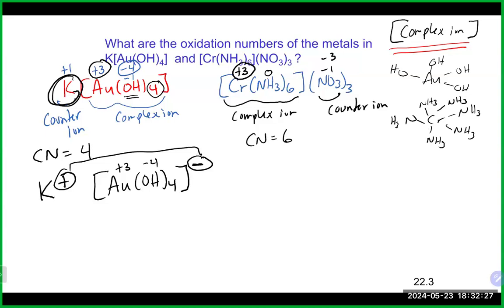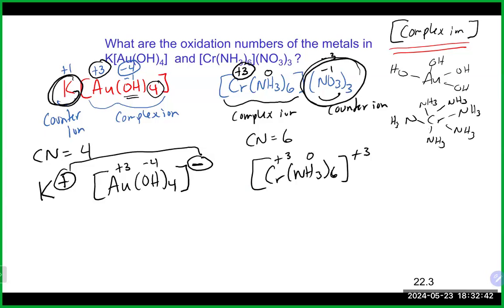When I look on the guy on the right, the overall charge of my complex ion on the right is +3, as this is +3 and this is 0, which means this is +3. That is why on this one, when I look at my counter ion, I need not one nitrate, not two nitrates, but I need three nitrates to give me a -3 charge to balance out the +3 charge there on my complex ion.